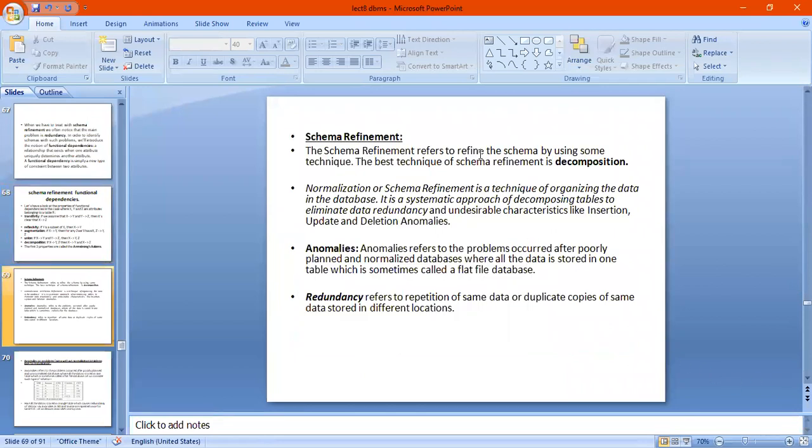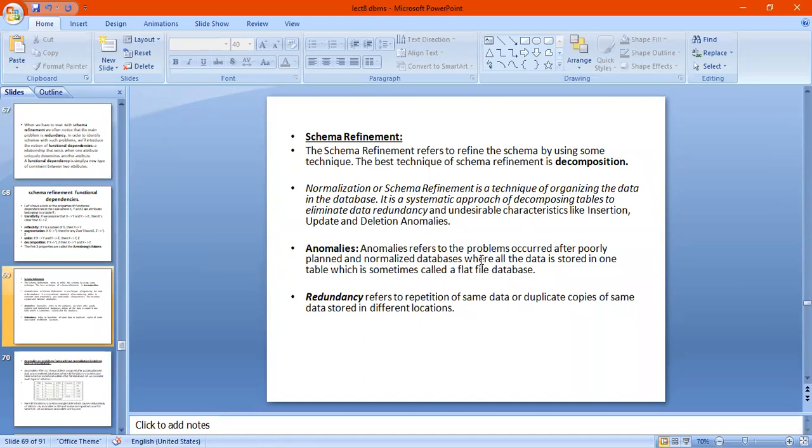Schema refinement refers to refining the schema using some technique. The best technique of schema refinement is decomposition. Normalization is a technique of organizing the data in the database. It is a systematic approach of decomposing tables to eliminate data redundancy and undesirable characteristics like insertion, update, and delete anomalies.